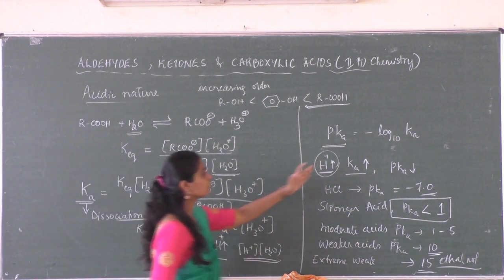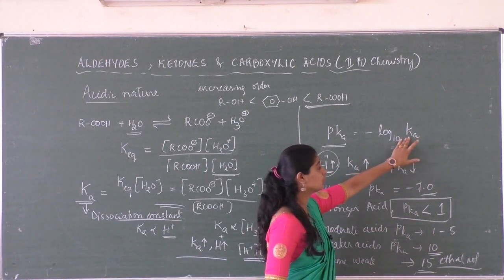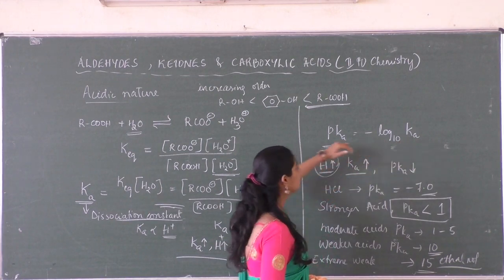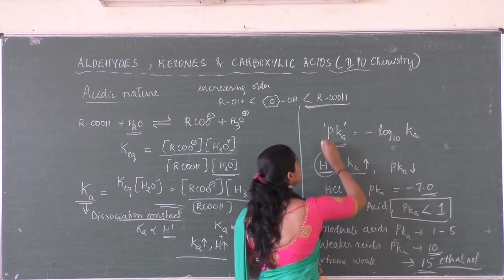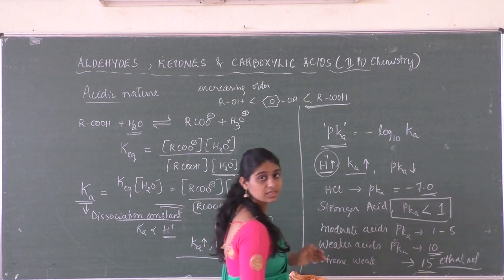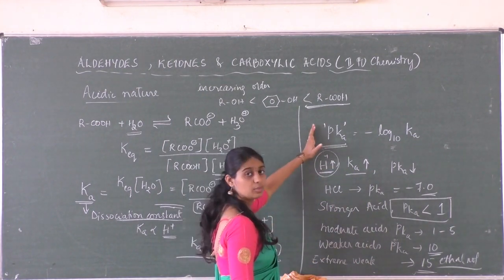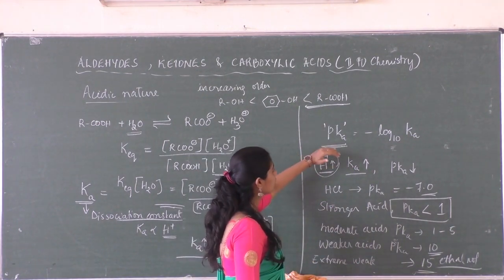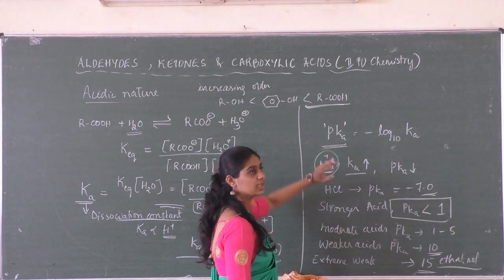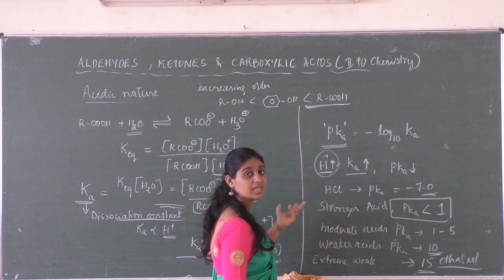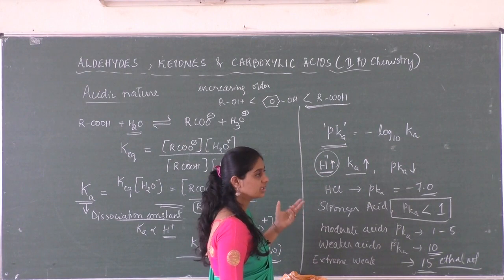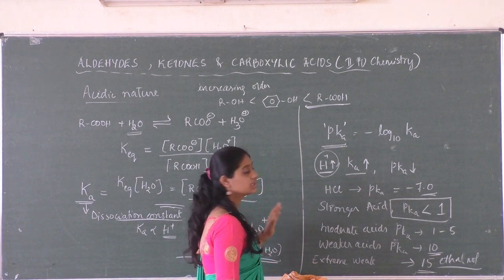Taking the negative logarithm of the Ka value, we have pKa. So in order to express the acidic character, pKa will be used. In the questions they are going to give the pKa values and you need to arrange the compounds in increasing or decreasing order of acidic character.